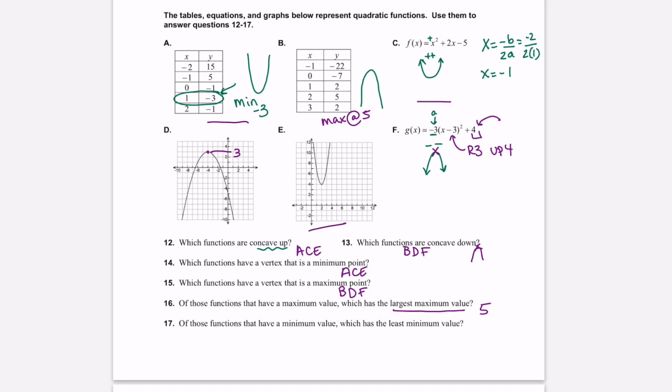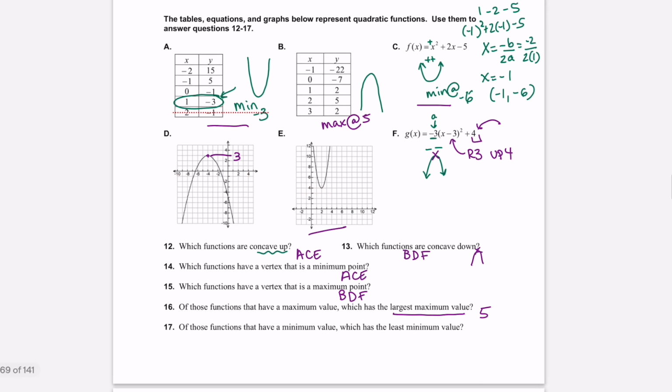Now that's where it happens. To find what the vertex is, the y value, we're going to plug that into our equation. So (-1) squared plus 2 times -1 minus 5. So this would be a 1 minus 2 minus 5, which is a -6. So this is going to have a minimum at -6. And then our last one is going to have a minimum at 4.